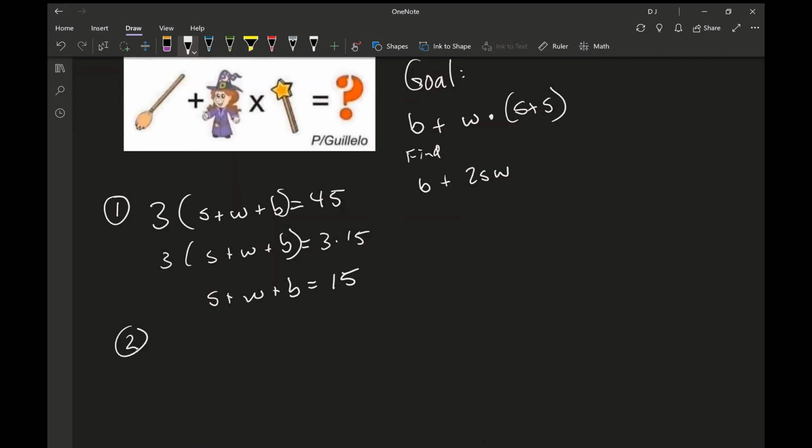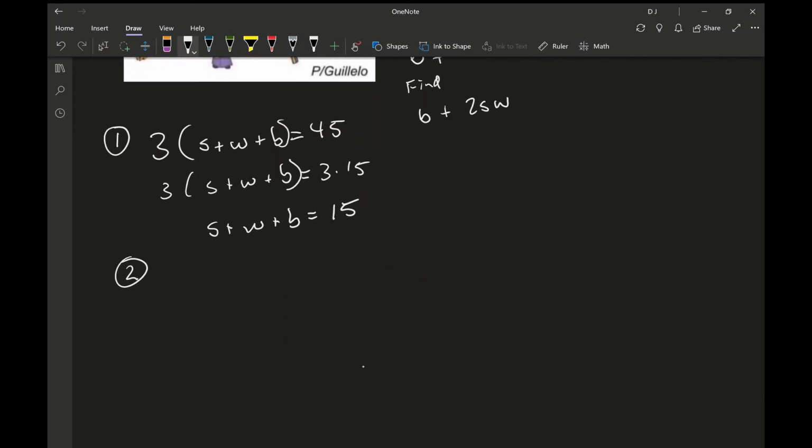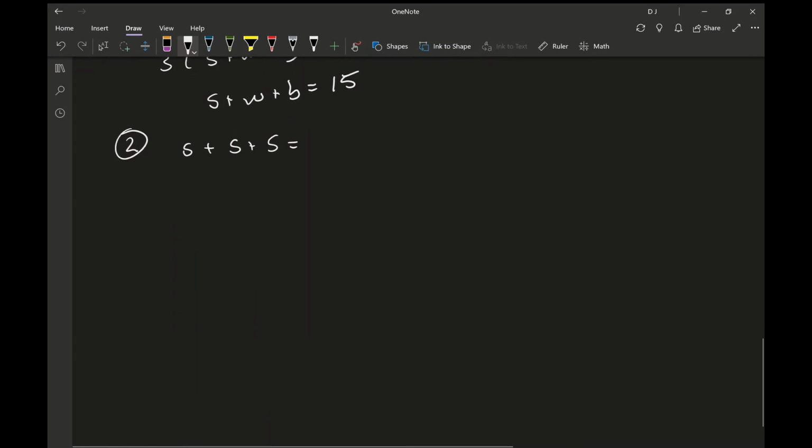Number 2. 3 stars. We can either, with S for stars, star plus star plus star, and that's equal to 21. That's the same as saying 3 stars is equal to 21. That's the same as saying star must equal a 7.